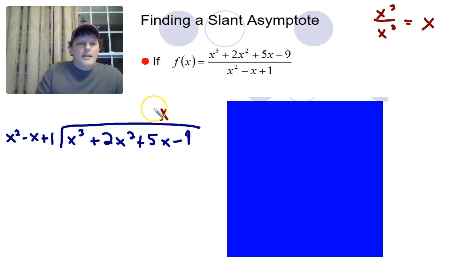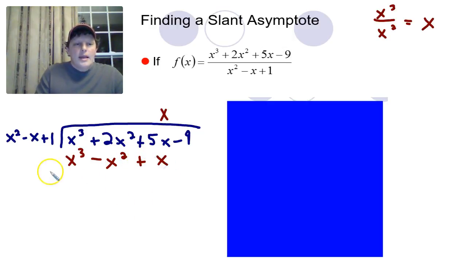Then you multiply x times all three of these things. That gives me x to the third minus x squared plus 1x. And then we subtract. And subtract means changing all of the signs so that you are subtracting everything. So when you subtract a negative, you actually add.